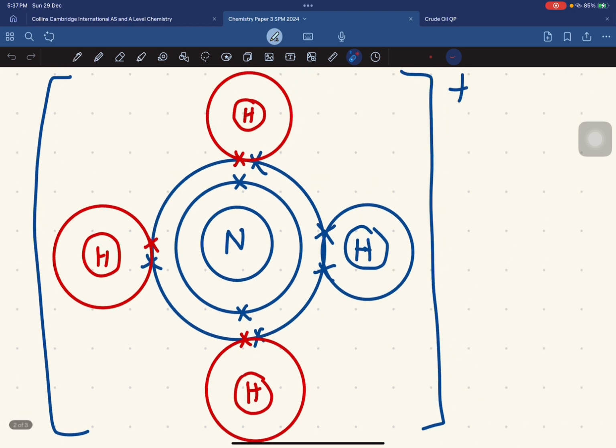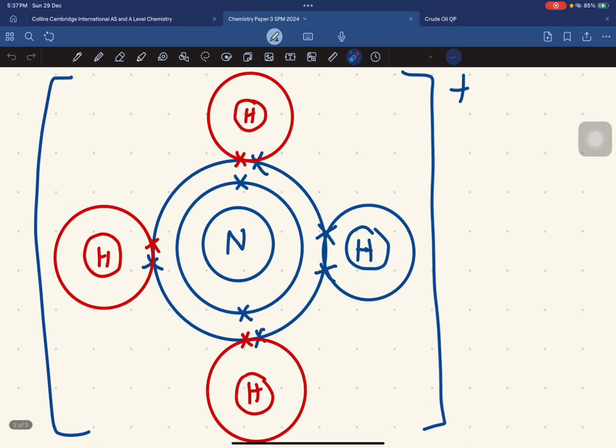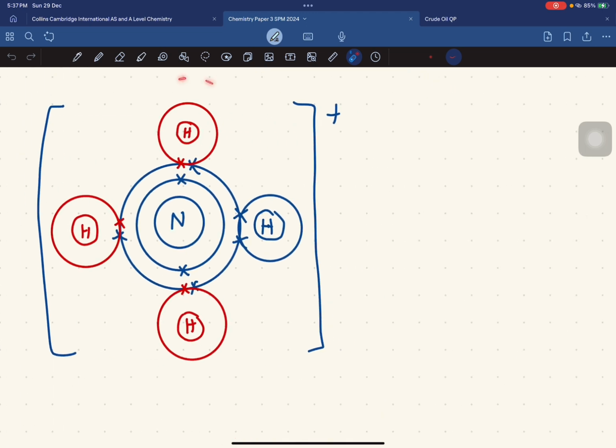But the number of protons increases, since this one carries 1 proton with it. Our proton number increases by 1. So we have 11 protons and 10 electrons. Therefore, we have one extra positive charge, right? So this whole structure is positively charged. That is basically the reason why the ammonium ion is positively charged.